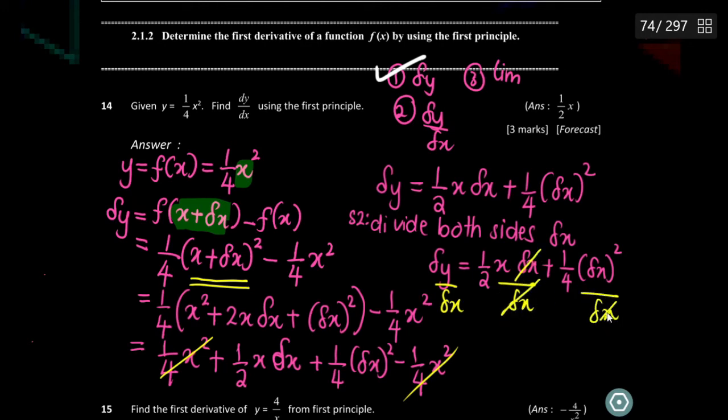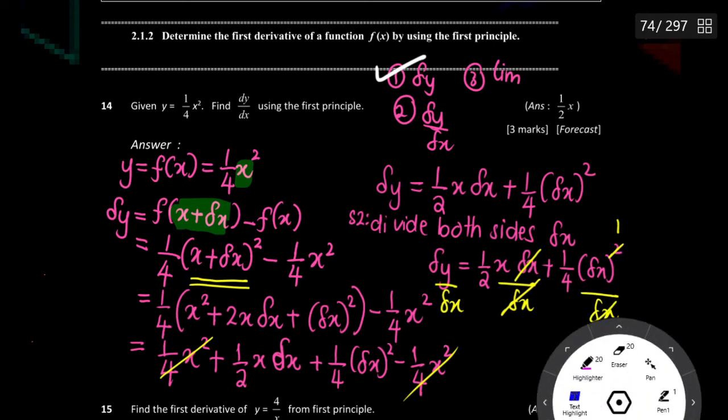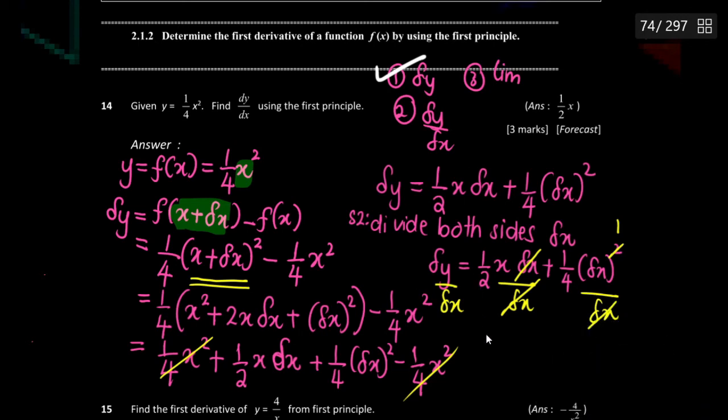Here can cut, here left power of 1. So now we can write delta y over delta x equals 1 over 2 x plus 1 over 4 delta x. Step 2 done.